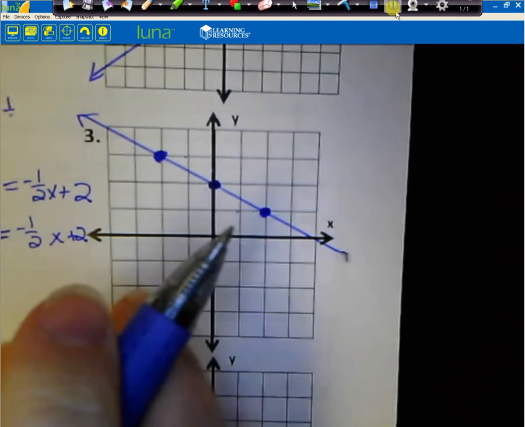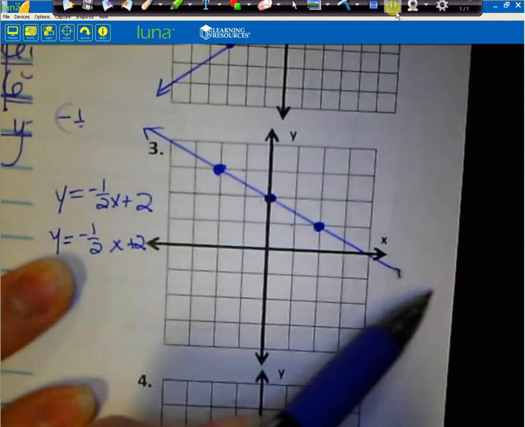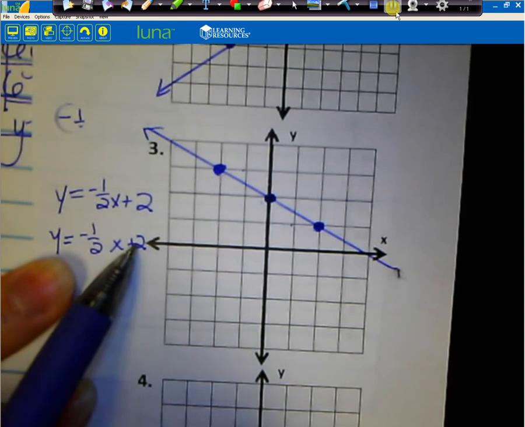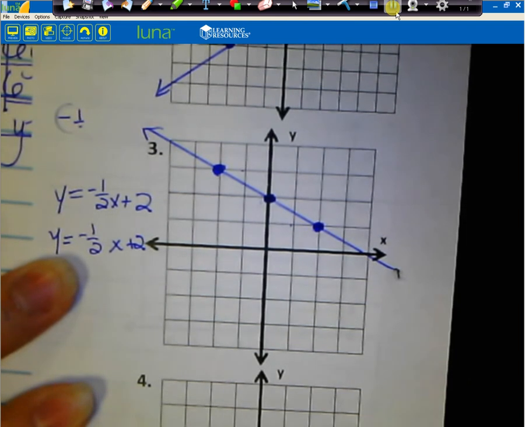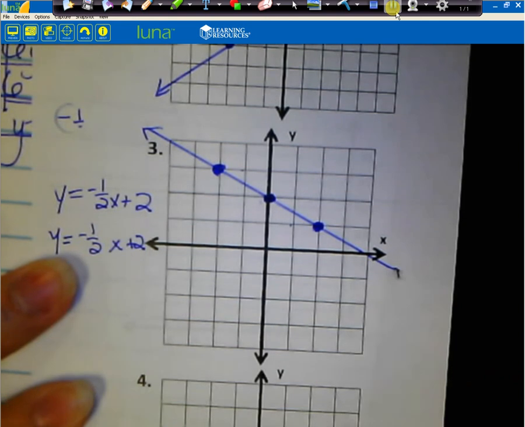What that means is that at virtually every single point, everywhere on this line, our two lines are intersecting, and that's the whole goal. The answer to the system of equations is where the two lines intersect. So they're intersecting everywhere because they are actually the same line.